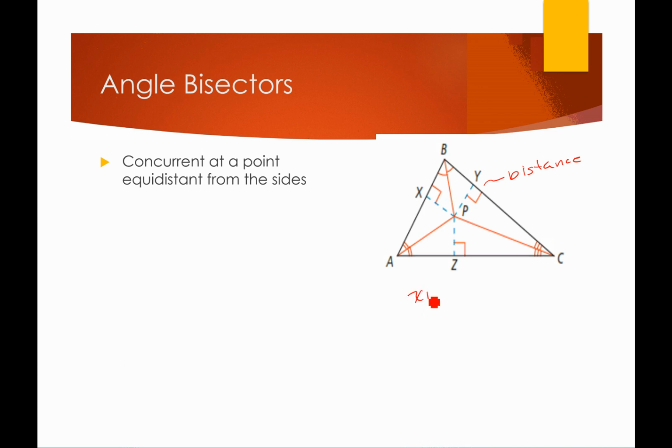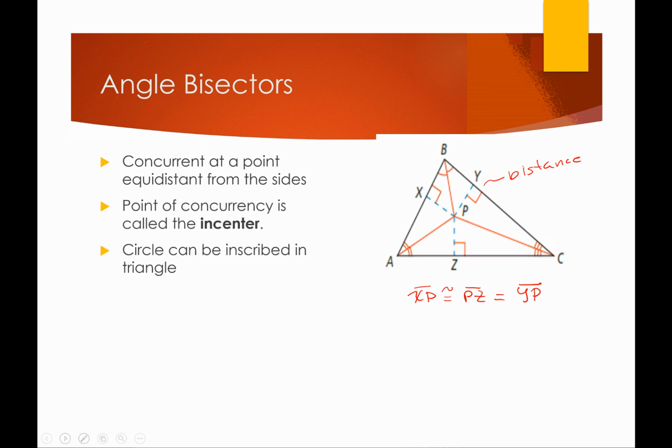So XP is going to be congruent to PZ, which is congruent to YP. And we call that the incenter, because this would be a center, since it's equidistant of a circle drawn inside. So that's an incenter.